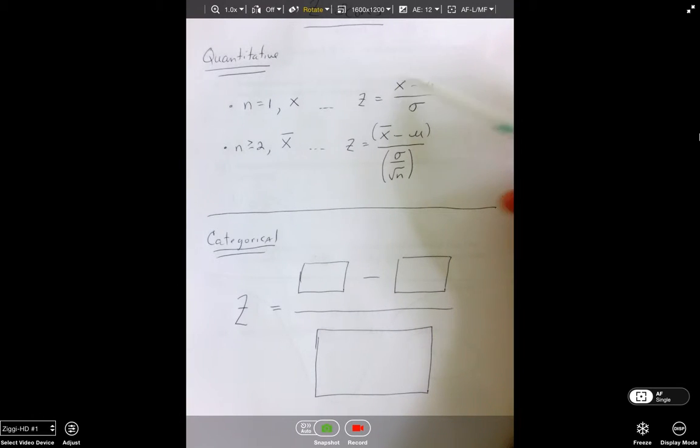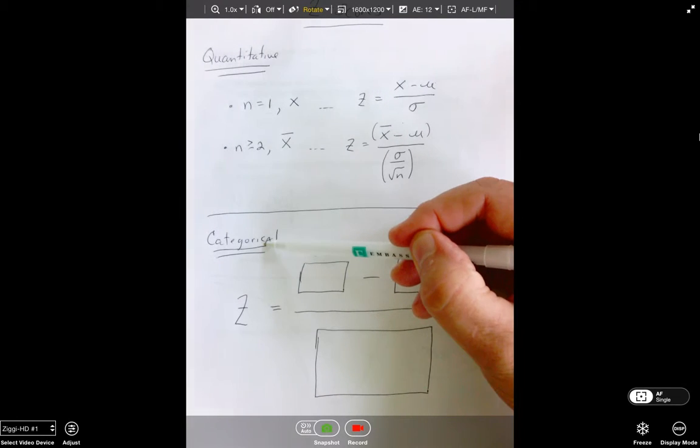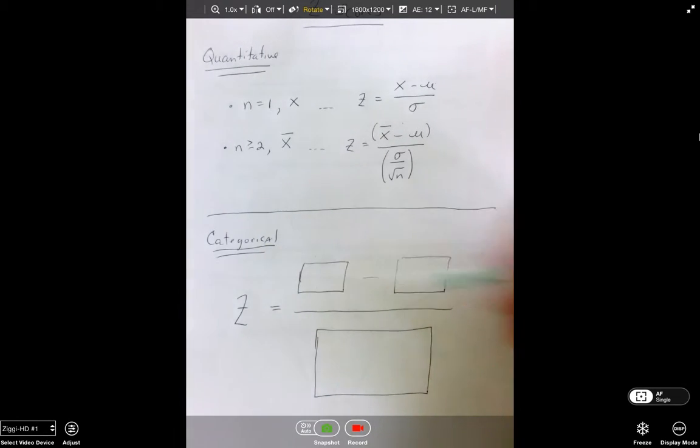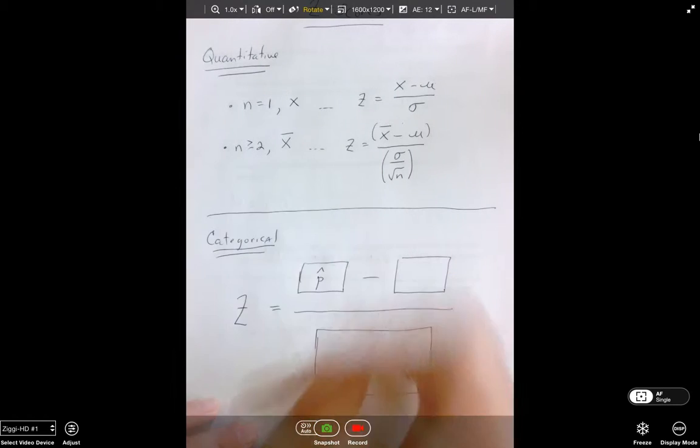Up here it was x, the mean, the standard deviation. The score, the mean, the standard deviation. What does this represent? What we get from our sample. In these types of problems, what do we get from our sample? Our sample proportion.